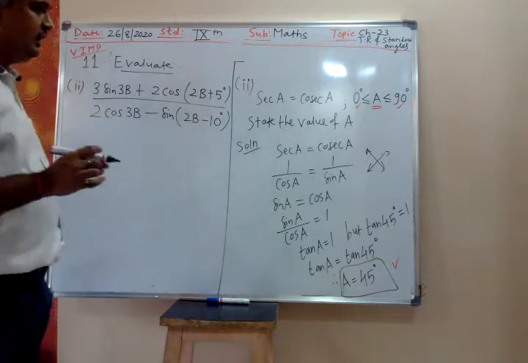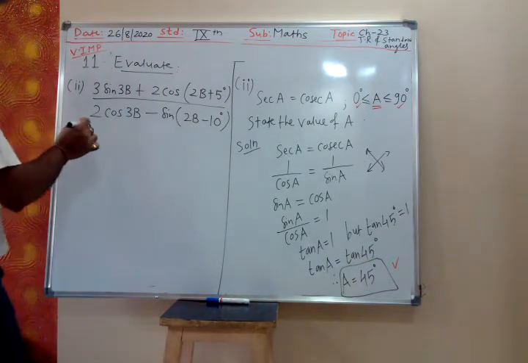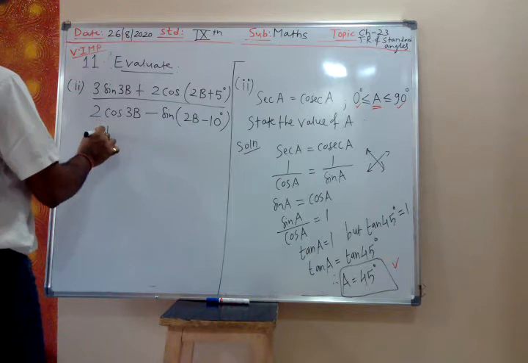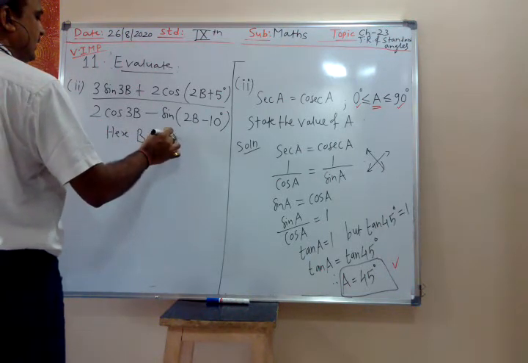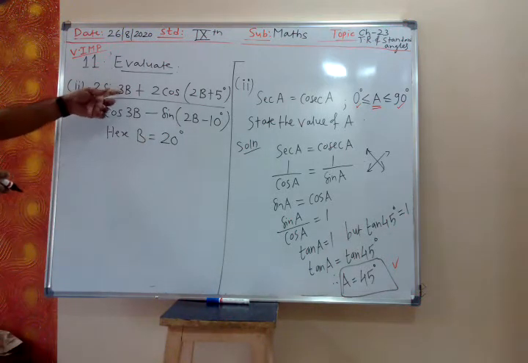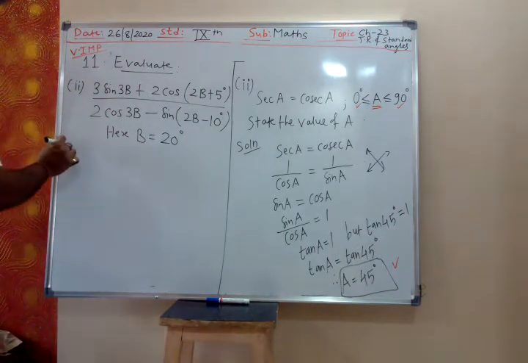Now the value of angle b is given, that is 20 degree. Now everywhere you will replace b by 20 degree and simplify.